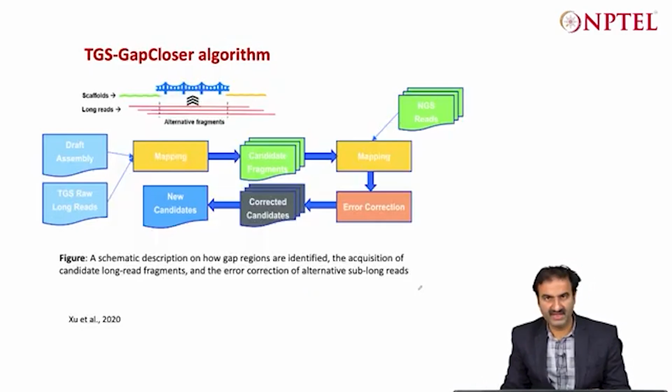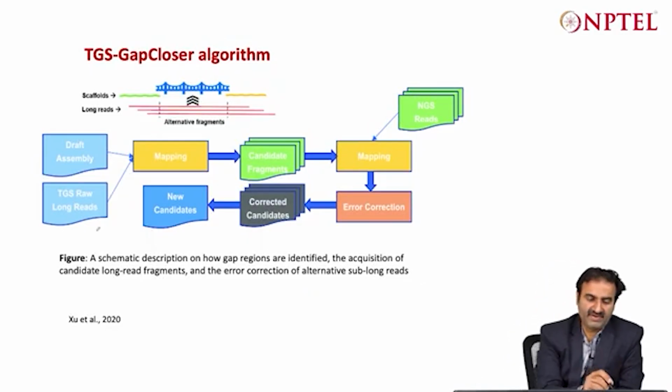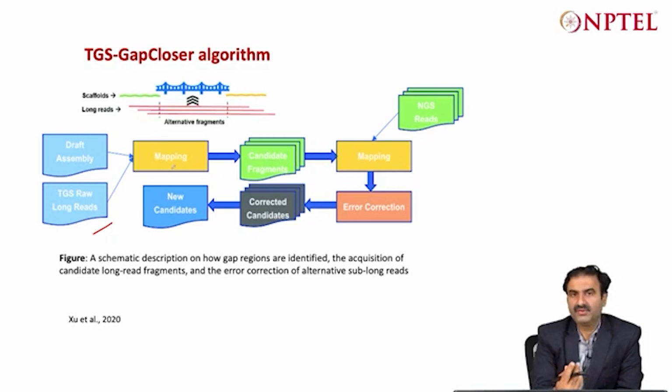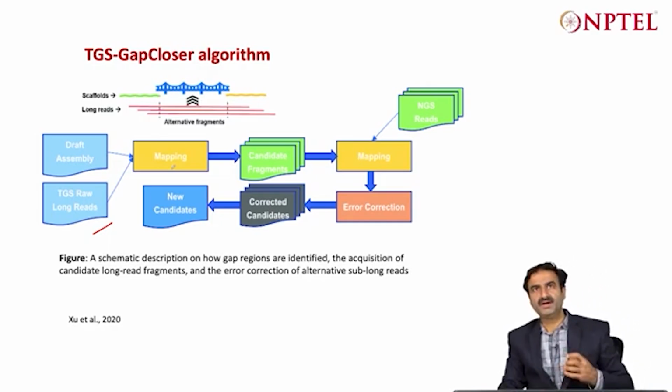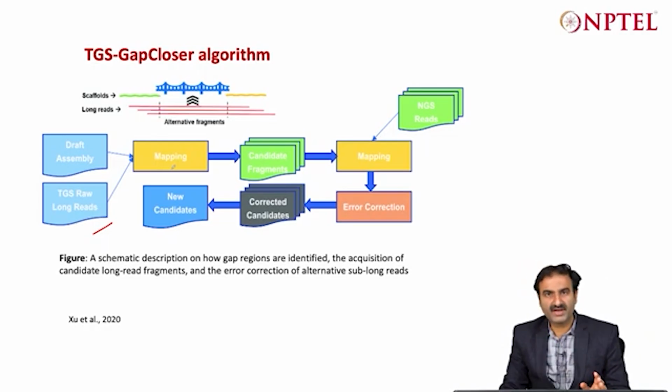So in detail, it takes the draft assembly and the long reads only, okay, and in the first step it maps the long reads to fill up the gap, because to fill up the gaps long reads are more useful as compared to short reads. And for the long reads, you might have chosen a cutoff during the initial long read assembly, that reads above 5 kb should be taken, right.